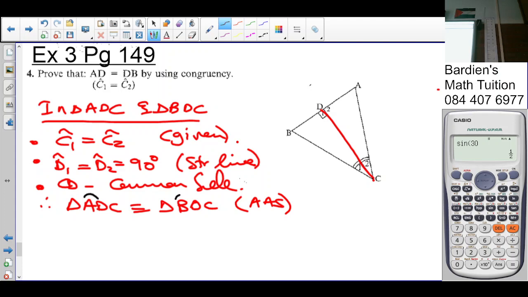Therefore, AD is equal to BD. Why? Because triangle ADC is congruent to triangle BDC. That is 5 marks or something like this. 5 of this, 25 marks in the back.